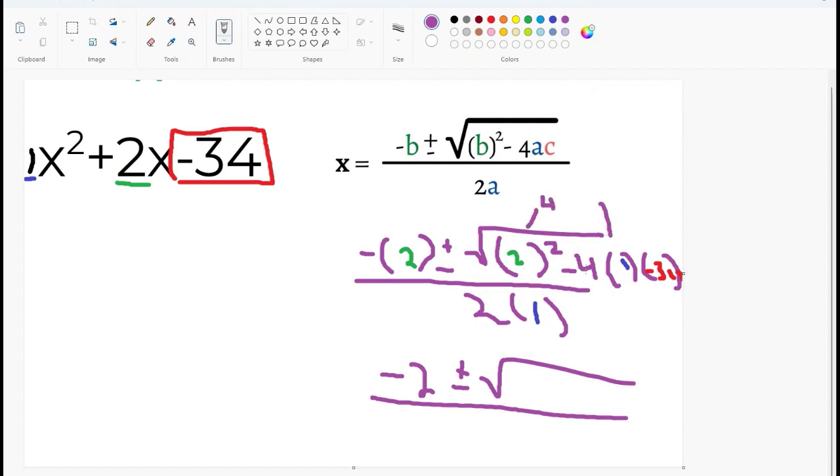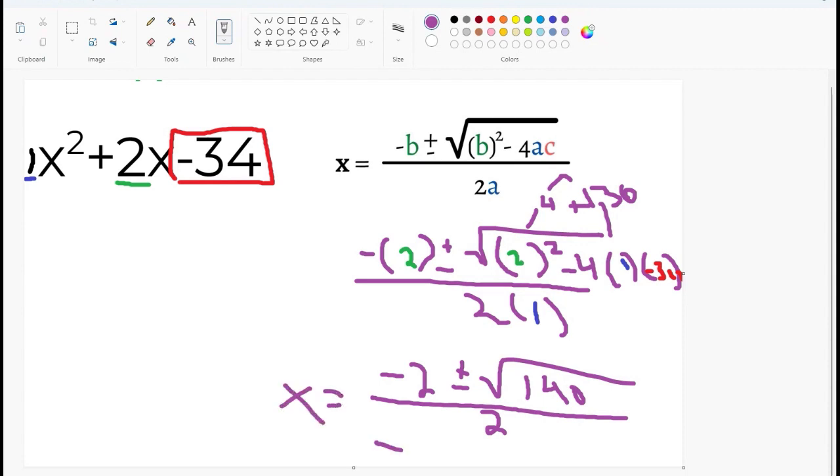And then this is negative 4 times negative 34 times 1, and the 1 doesn't really matter. Negative 4 times negative 34 is positive 136. If I add those together, that gives me 140. And 2 times 1 is 2.